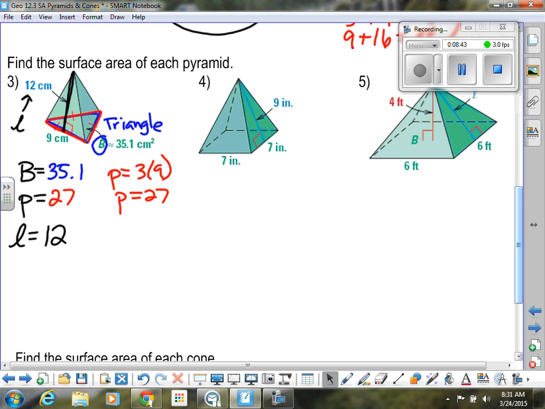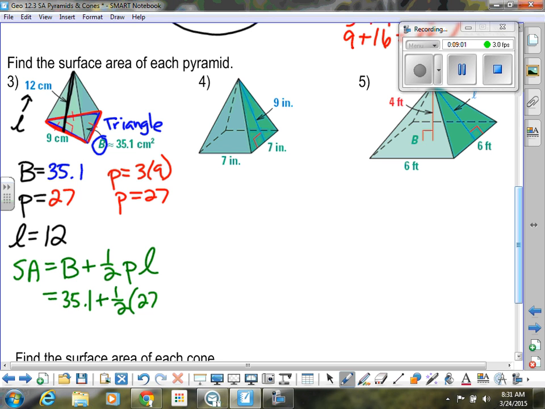So now I'm just going to plug this into my formula. Remember, the formula is capital B plus 1/2 perimeter times slant height. So that's going to be 35.1 plus 1/2 times 27 times 12.